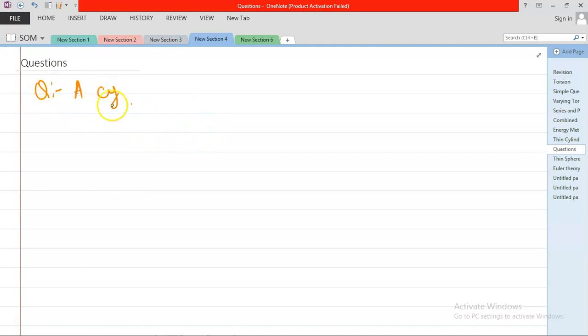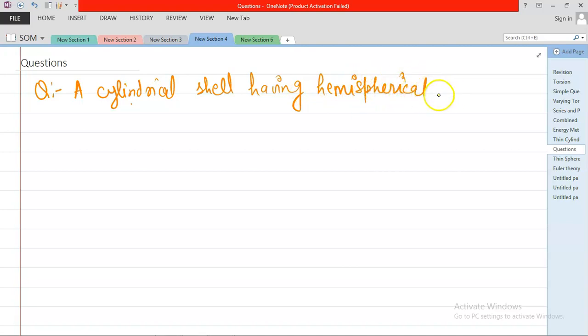A cylindrical shell having hemispherical shell at both ends is subjected to internal pressure 50 megapascal.